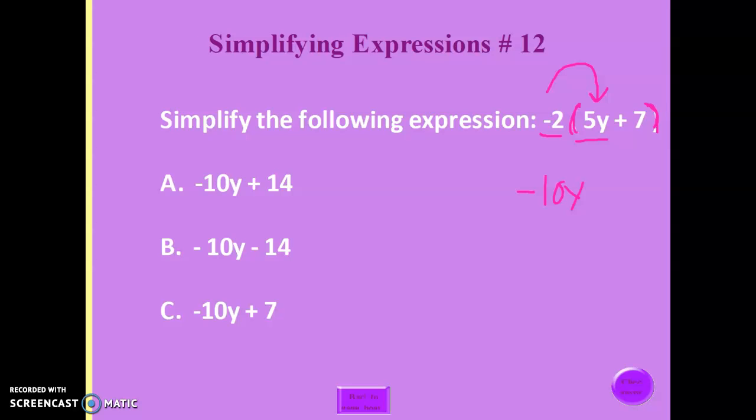Then we take that same term out front, negative 2, and we're going to multiply it by the back term. And guys, we've talked about that we, again, include that sign in our multiplication. So negative 2 times a positive 7 is a positive 14. So again, putting these two term answers together, this is a negative 10y and a positive 14. A is your option here as well.